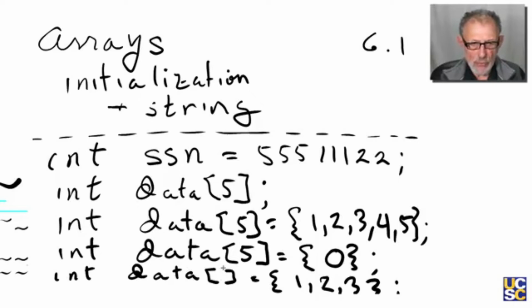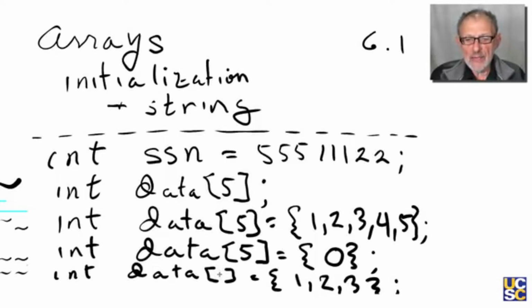So that means they want a data, and this would have been equivalent to int data[3]. And now data of 0 is 1, data of 1 is 2, data of 2 is 3. Okay, and depending on type, we would have such lists. So in doubles, we would have doubles.